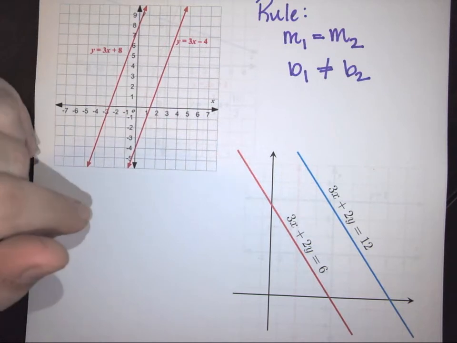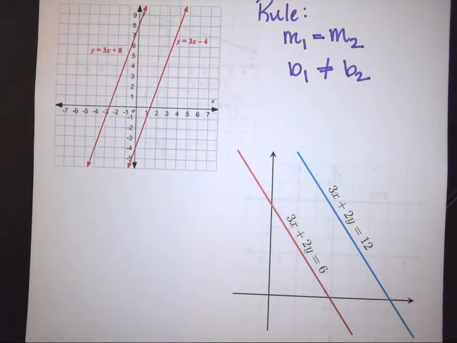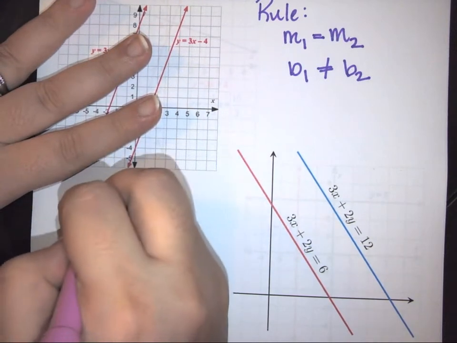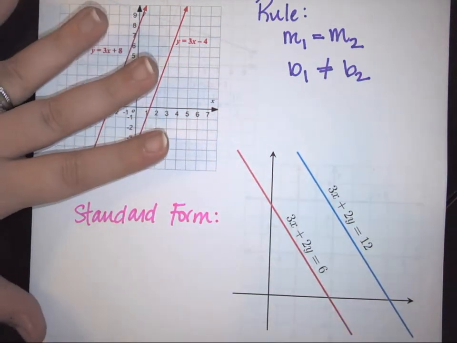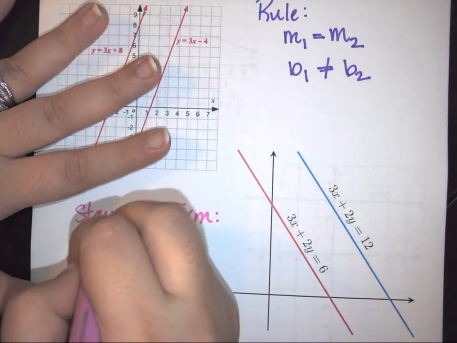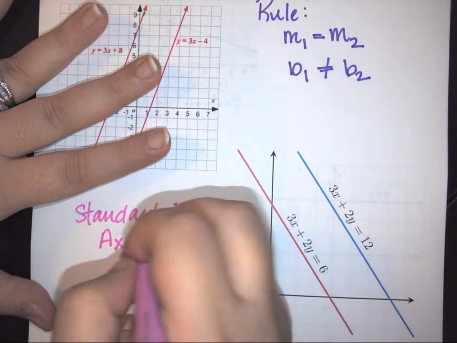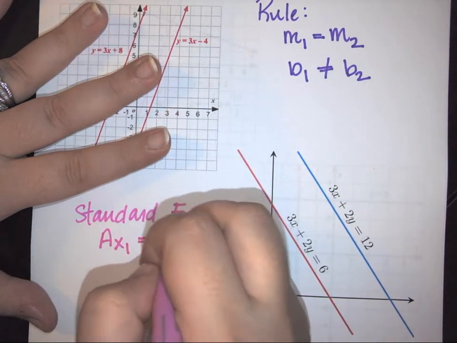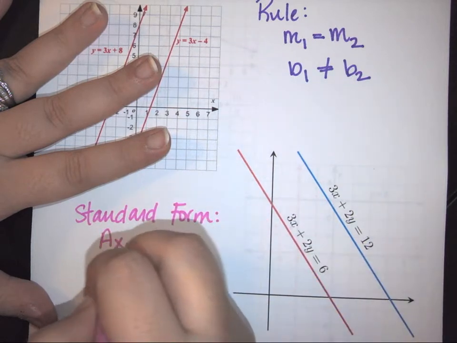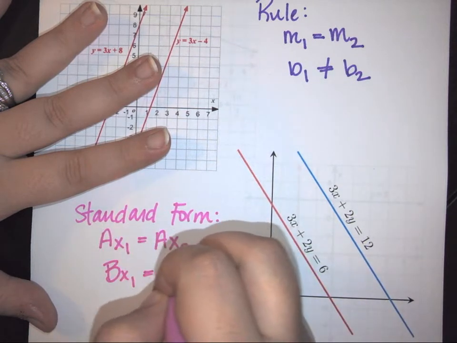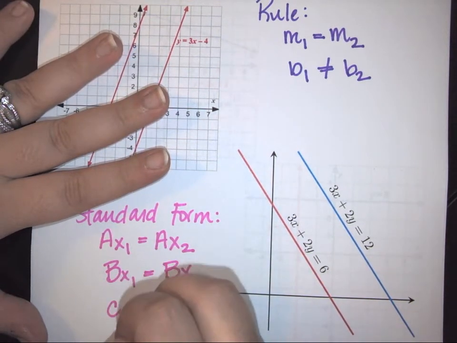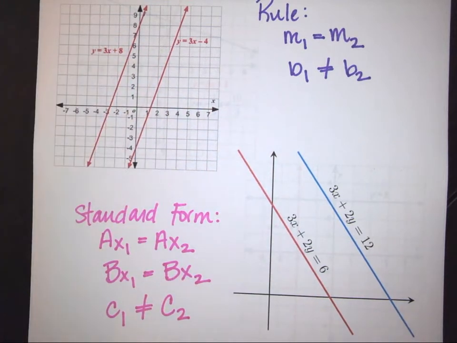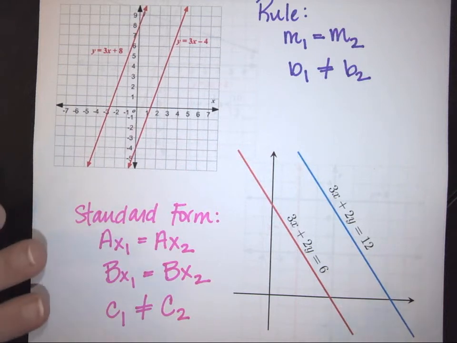When we're talking about standard form, the rule says that your A for your first one has to equal the A for your second, and your B for your first has to equal B for the second. However, your C for the first does not equal C for the second. So that is what you're looking for when we are talking about rules in terms of standard form.